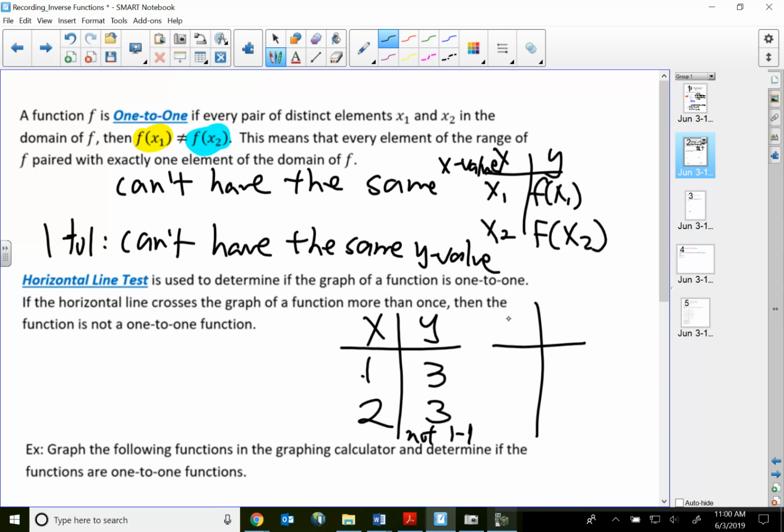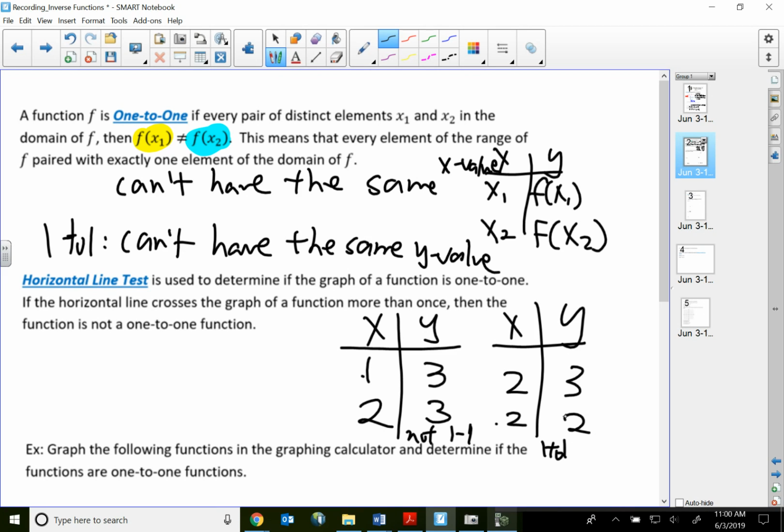Now, can I have two of the same x value but two different y values? Yes, this is okay. This is referred to as one-to-one. A one-to-one function is where we cannot have the same y value.